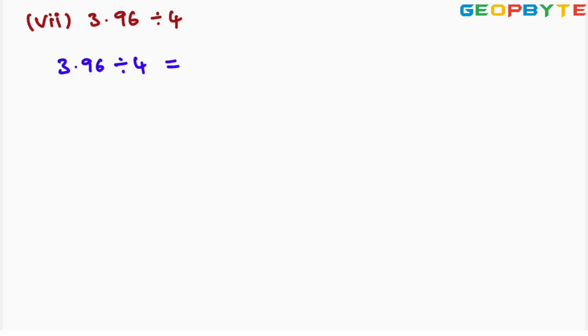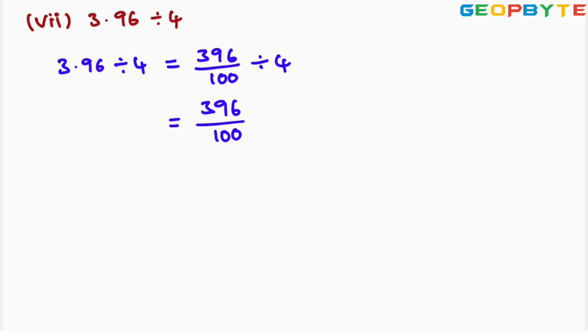Why? Because after the decimal point, we are having 2 digits. So then we'll be getting 396 divided by 100 divided by 4, which is equals to 396 by 100.